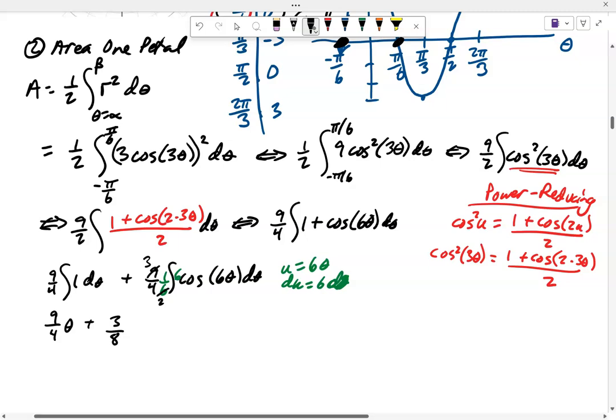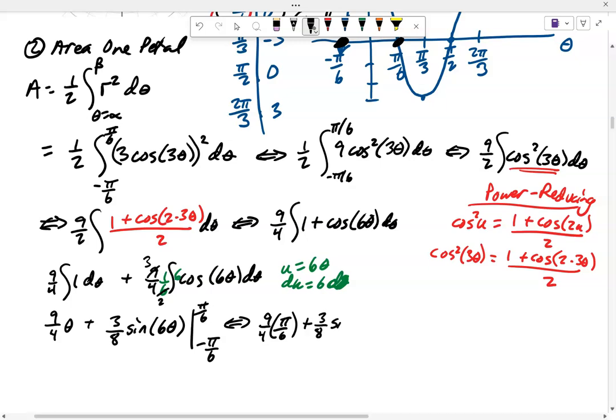The integral of cosine of u is just the sine of u, so sine of 6 theta. And then this is from negative pi/6 to pi/6. So we got 9/4 times pi/6 plus 3/8 sine of 6 times pi/6, minus 9/4 times negative pi/6.